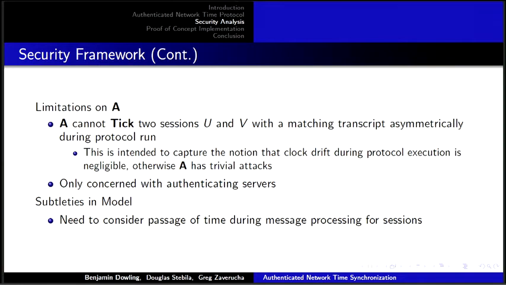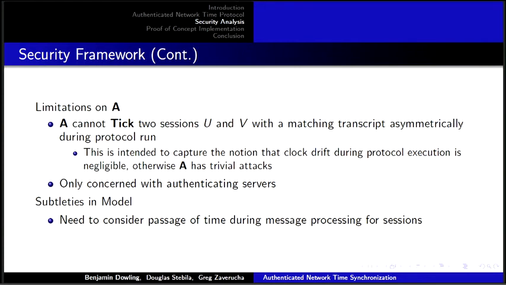However, this is a little bit too strong. Now, one can imagine an adversary that, immediately after the server sends over its final NTP message, just ticks over the server until eventually you get to the end and the client is well outside the accuracy margin of the server's time counter.